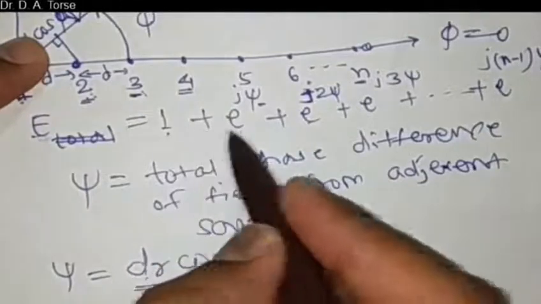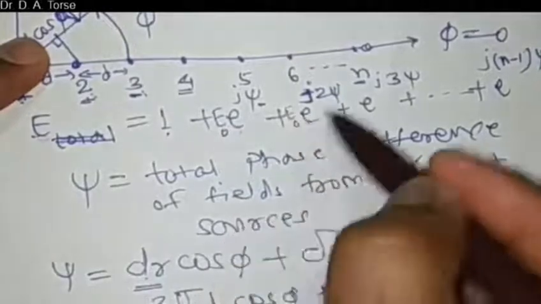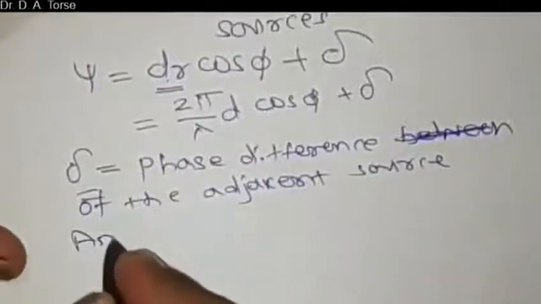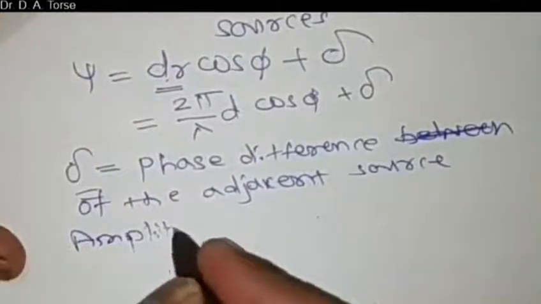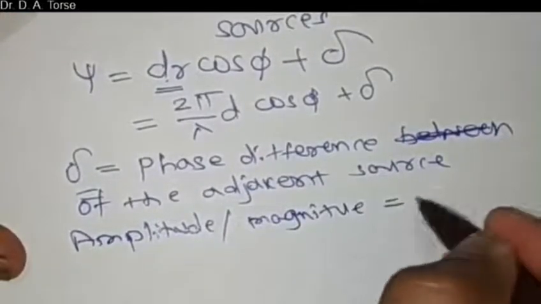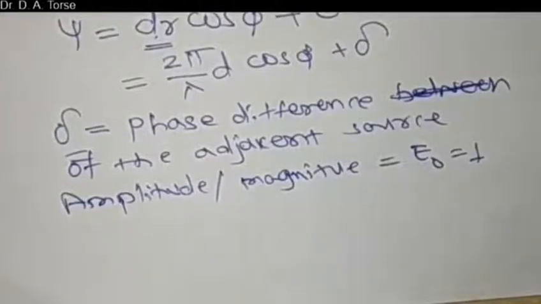We can consider amplitude terms E0 in all these equations, but we have not written this E0 term because the amplitude, or you can say the magnitude of field, is assumed equal to 1, and it is identical as we have stated in the title. This is a derivation for an array of n isotropic point sources of equal amplitude and equal spacing. The distance between the two elements is same.